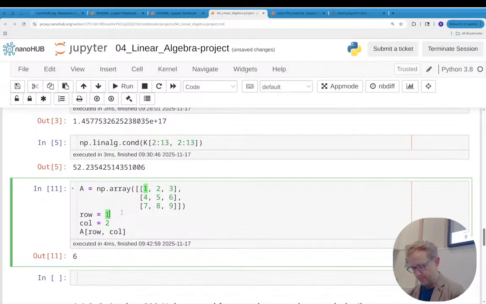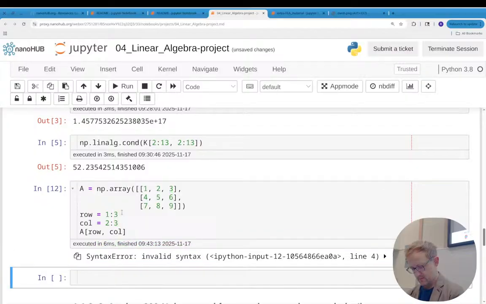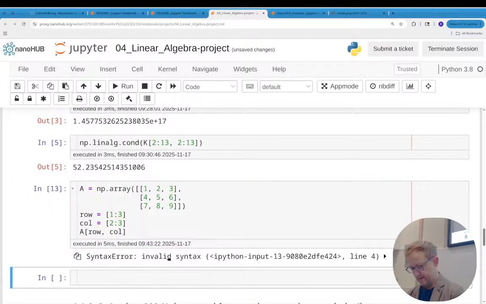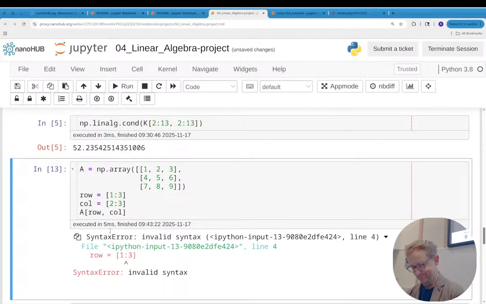So if I'm asking for 1 to 2, 1 to 3, and 2 to 3, maybe I have to put it in brackets. I don't know if this will work very well. It doesn't like it. How do you set that?